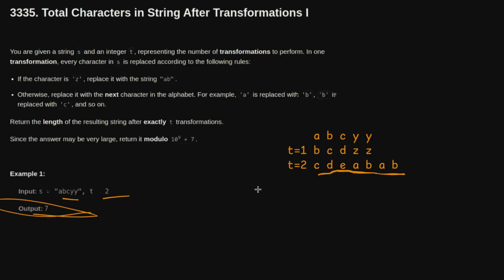Now let us see what is happening here. Here it is A, B, C, Y, Y. So we see that whenever we see a Z, we increase the counting by 1, right?